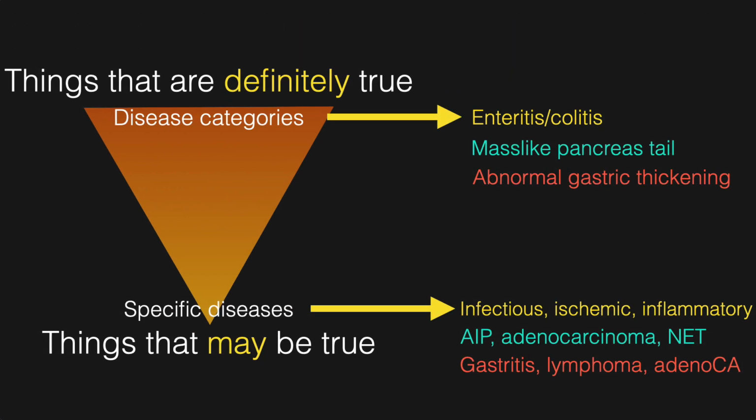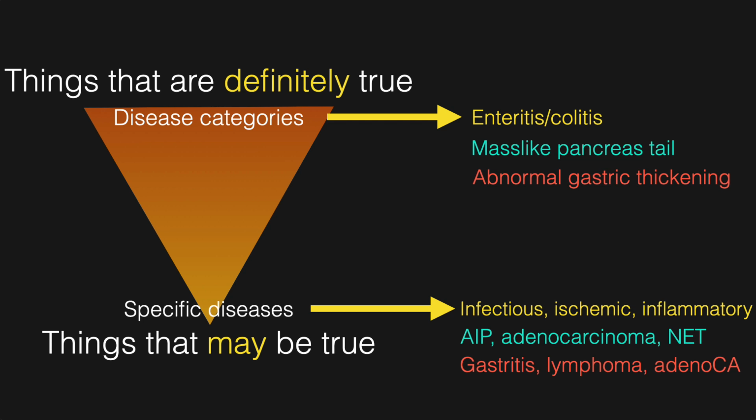For example, if the bowel is thickened and inflamed, don't get caught up on the specific cause just yet, but instead lead with diffuse enteritis, evidenced by thickening, mucosal hyperenhancement, and edema, and then you can follow that with specific possible etiologies. Or let's say that the pancreas is abnormal looking, but you're not sure if it's tumor, inflammation, or an infiltrative process.